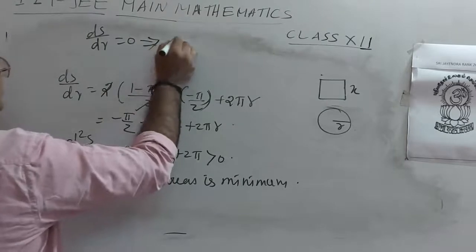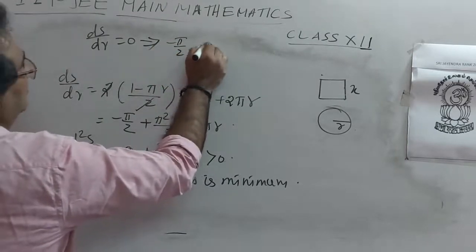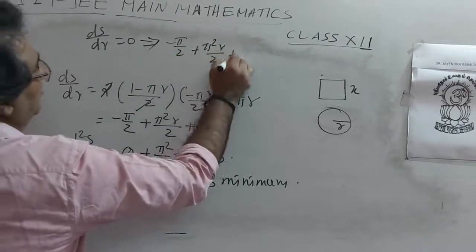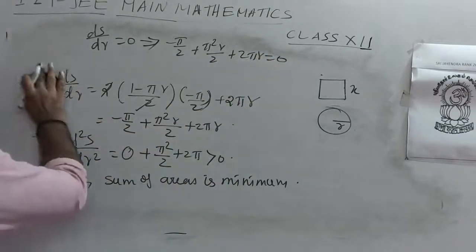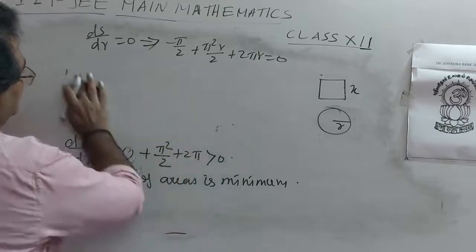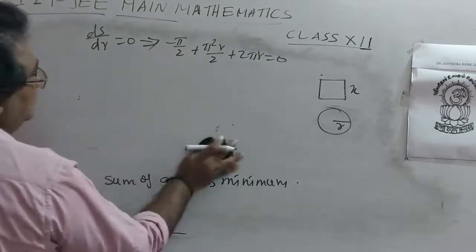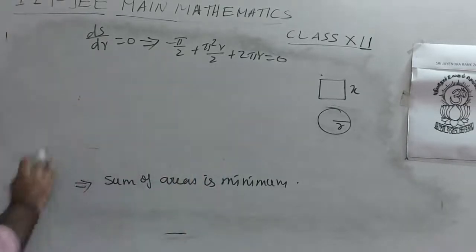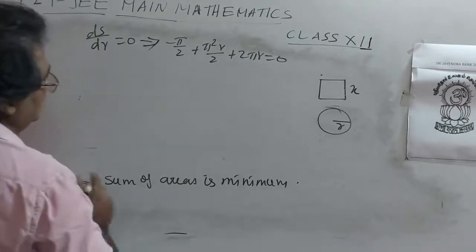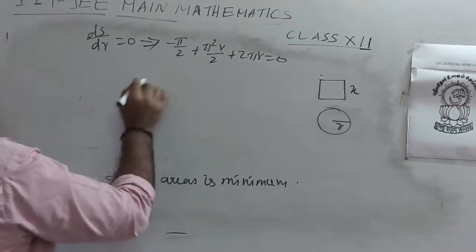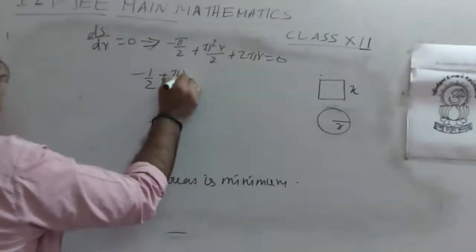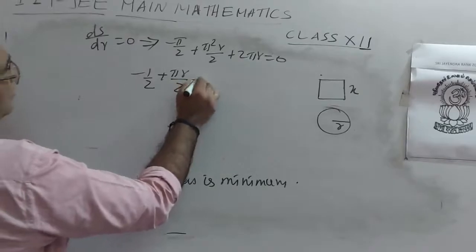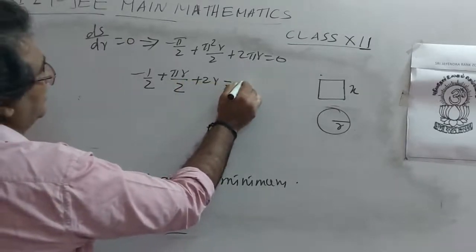So minus pi by 2 plus pi squared r by 2 plus 2 pi r equal to 0. Divided by pi, that is minus 1 by 2 plus pi r by 2 plus 2r equal to 0.